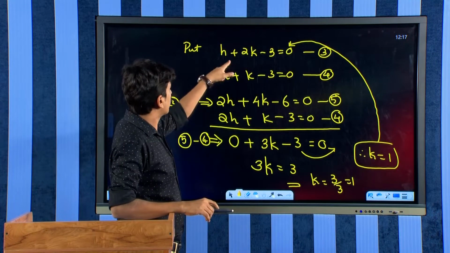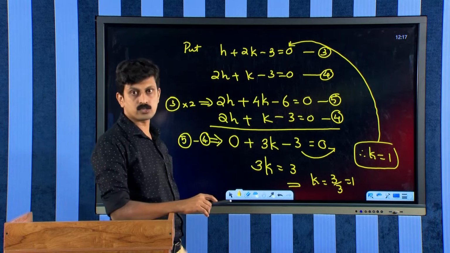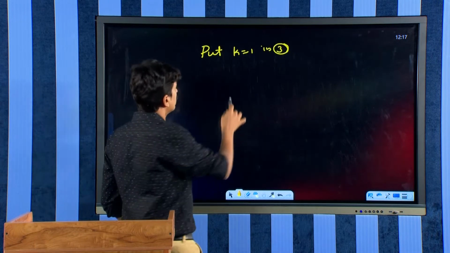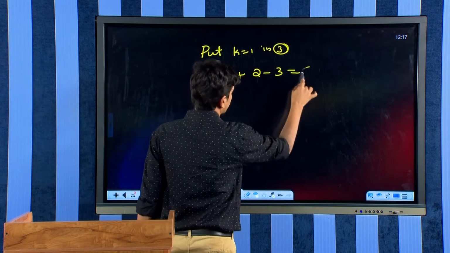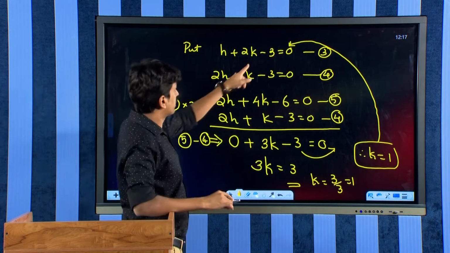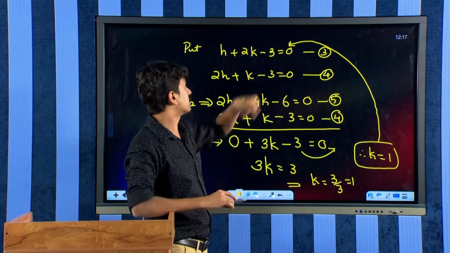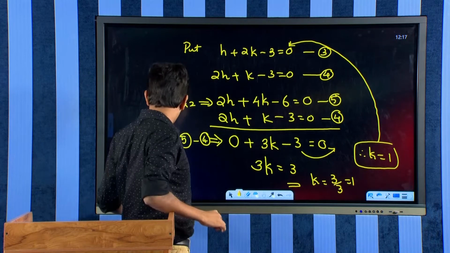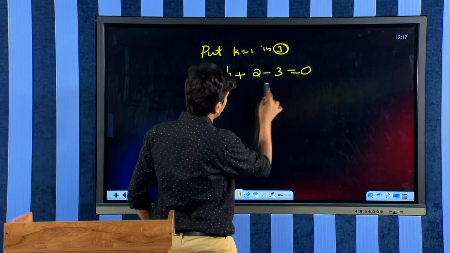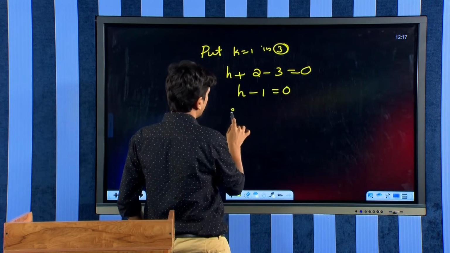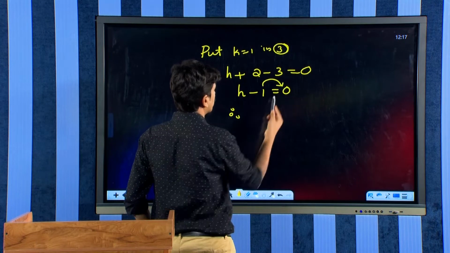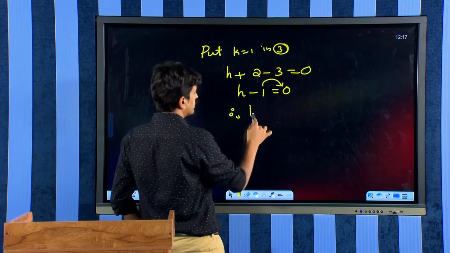So, what will happen? h plus 2 into 1, 2 minus 3. So, h plus 2 minus 3 is equal to 0. Therefore, h plus 2 minus 3, that is equal to h minus 1 equal to 0. Therefore, while taking minus 1 to here, we will have h is equal to 1.